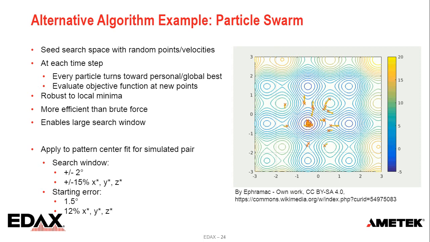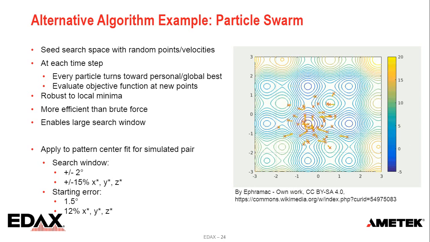Then you do an iterative approach where each point is accelerated towards a combination of the best point that everyone has found and the best point that it's found over the course of the algorithm. This requires much fewer evaluations than a brute force grid to get a similar resolution, and it enables you to search a large window, even something like this, which has lots of local minima, and still do a good job finding the maxima.